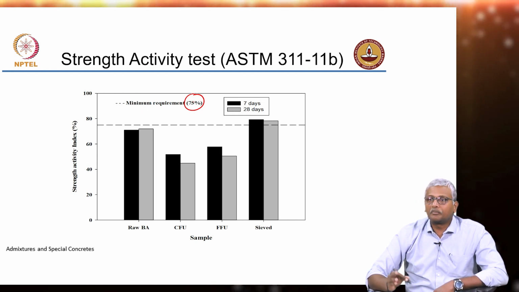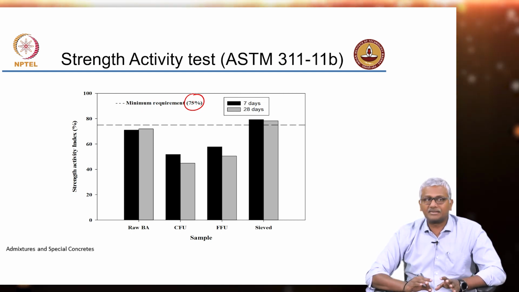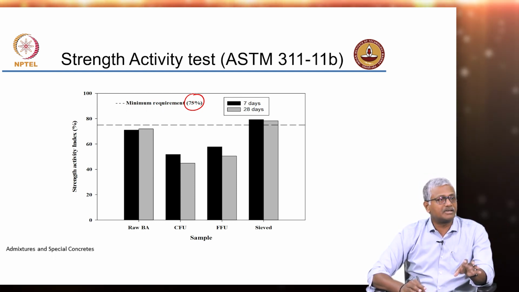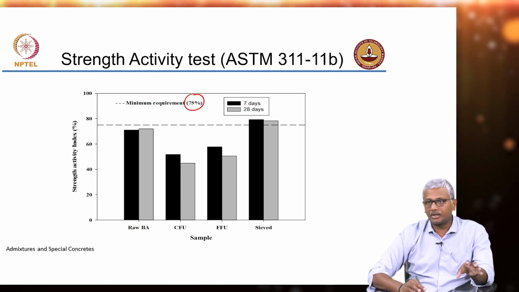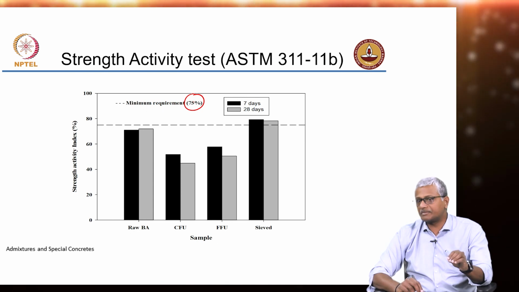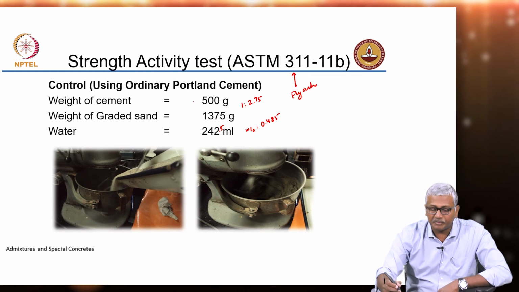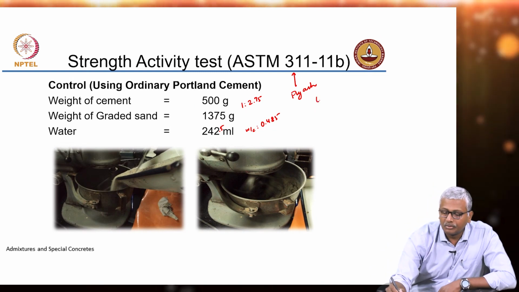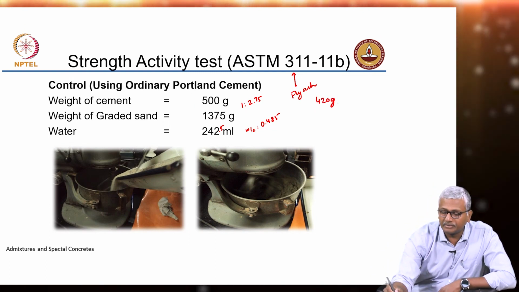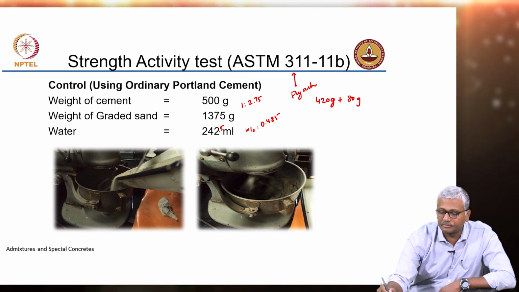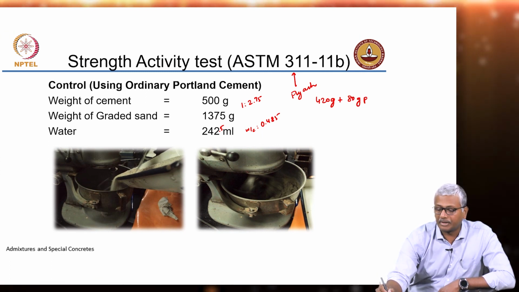Now, mind you, in this test, the extent of replacement of cement is 20%. The extent of replacement of plain cement is 20%, that is prescribed in this test. So, pozzolanic mortar is prepared by using 420 grams of cement and 80 grams of pozzolan.